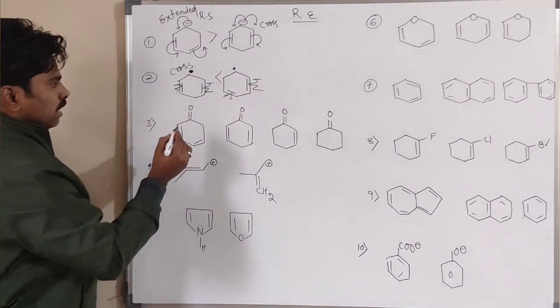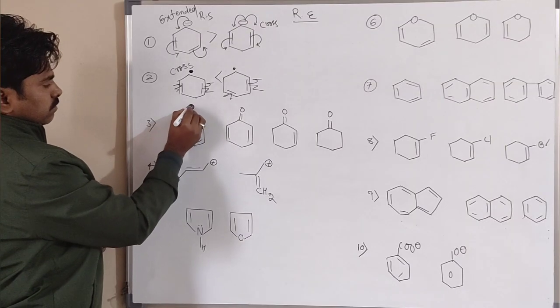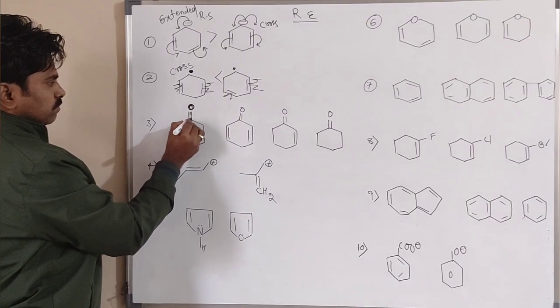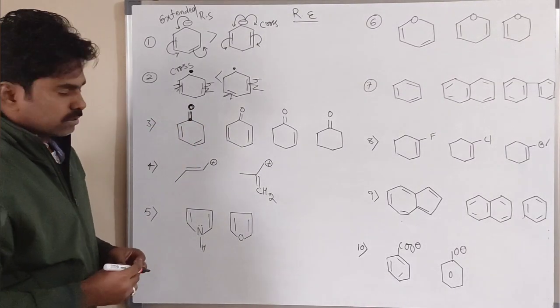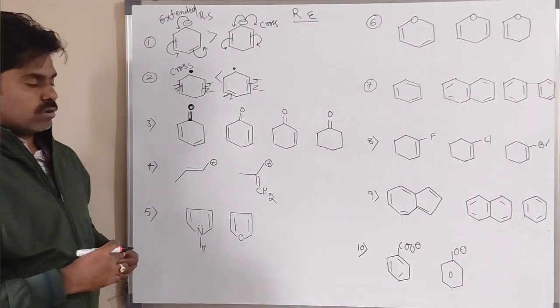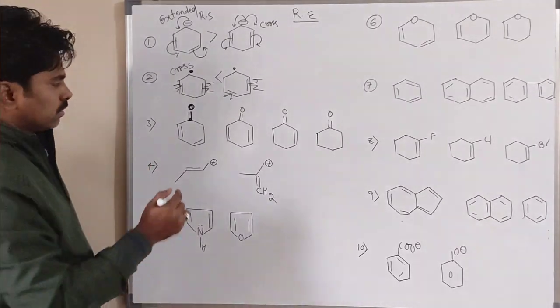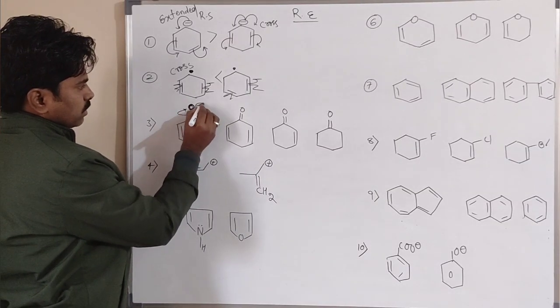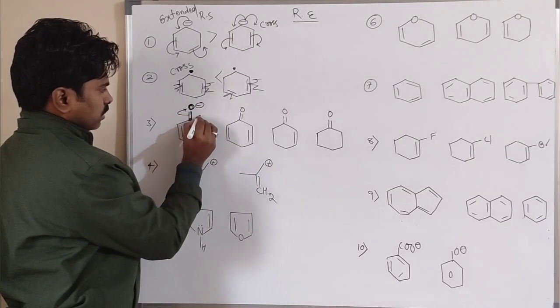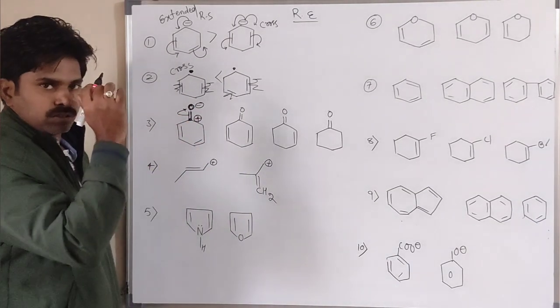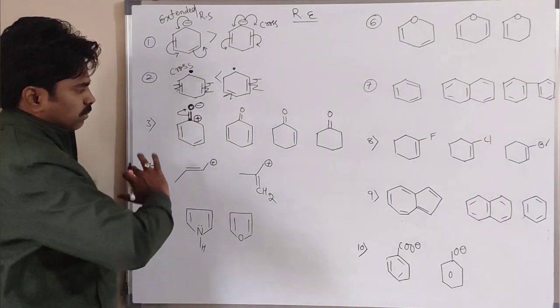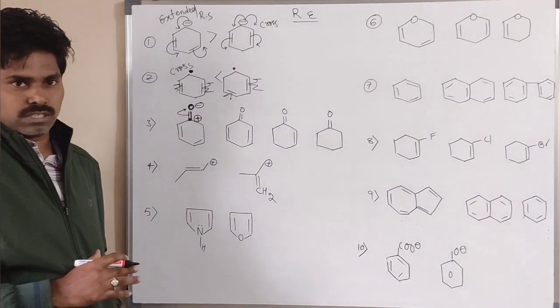And here there is oxygen, with a double bond between oxygen and carbon. Oxygen obviously has higher electronegativity than carbon. These pi electrons may shift towards the oxygen side, and the carbon gets the positive charge. Understood?